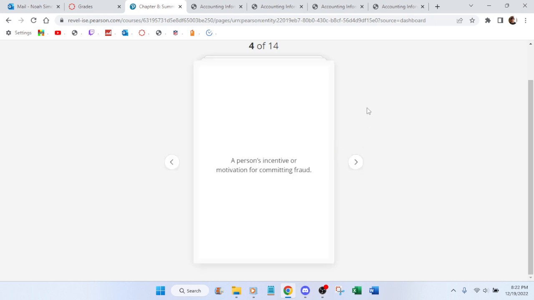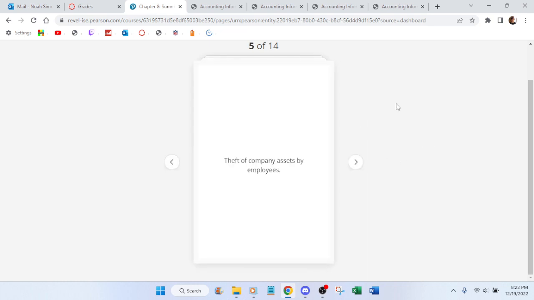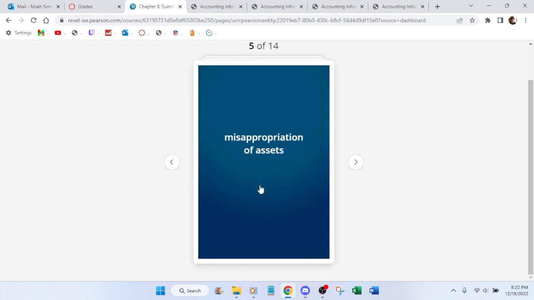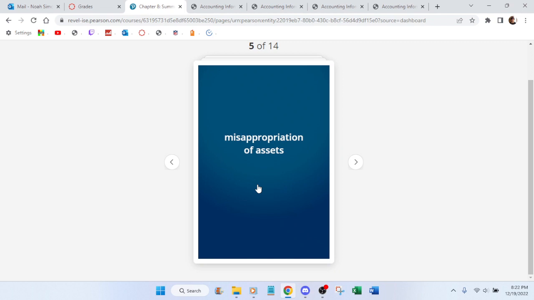A person's incentive or motivation for committing fraud: pressure. Theft of company assets by employees: employee fraud. No, misappropriation of assets.